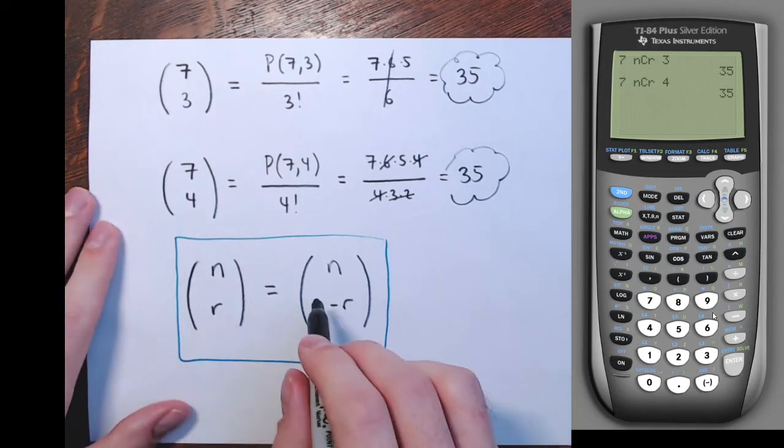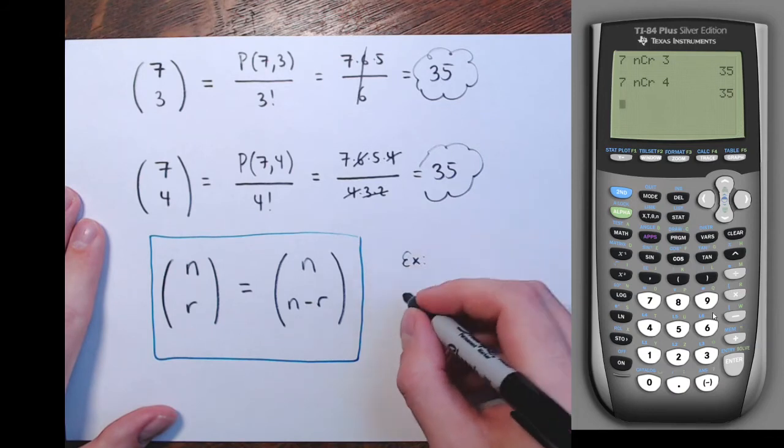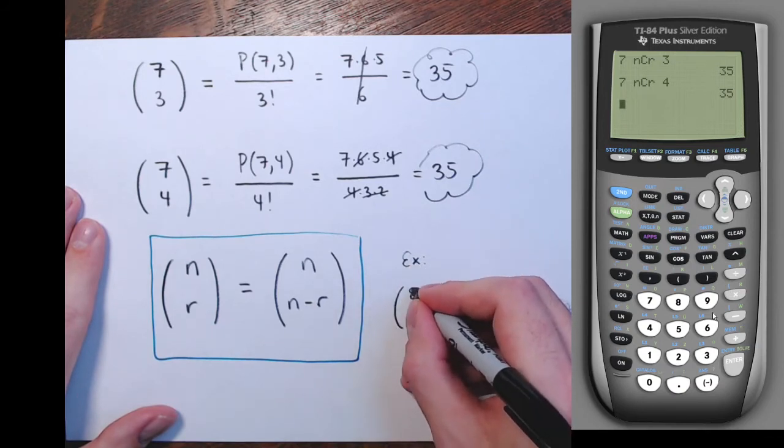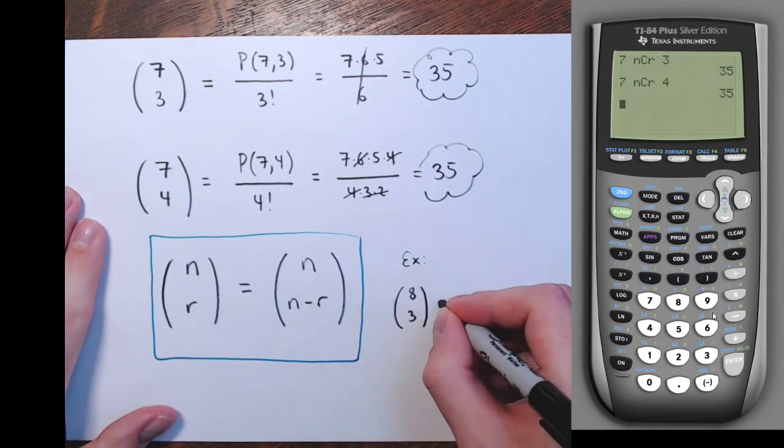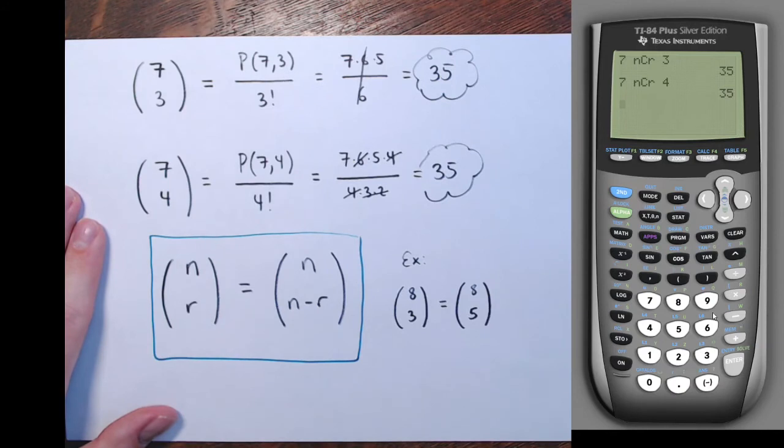Let me show you another example of this rule working out. If I had 8 choose 3, that would be equal to 8 choose 5. And again, as long as the two numbers here add up to the top number, they add up to 8.